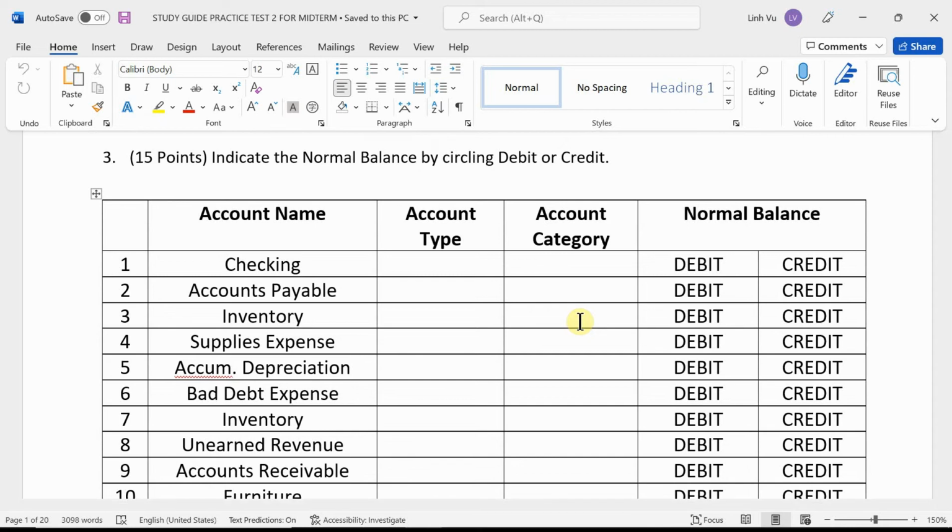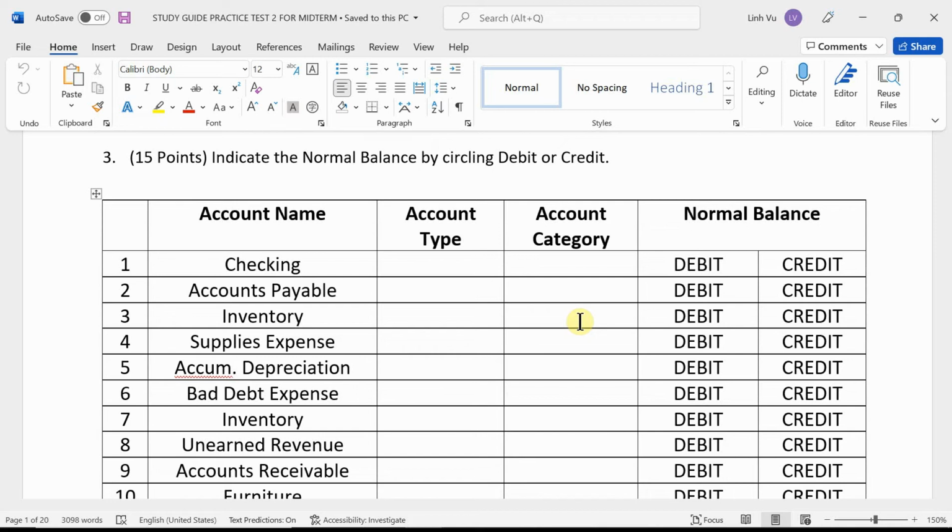I'm going to give you an account, no description, because by now you should understand what each account is. Like you know what a checking account is. So I'll give you the account name. You need to determine the account type, category, and whether it's a debit or credit normal balance.